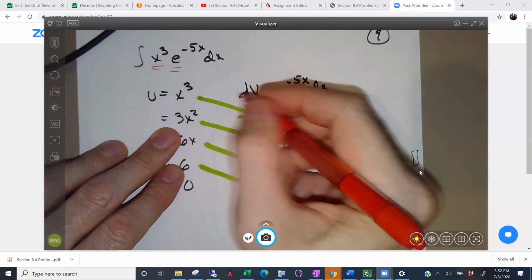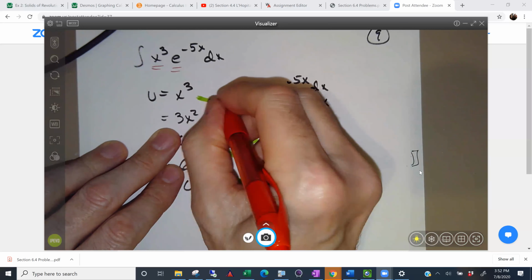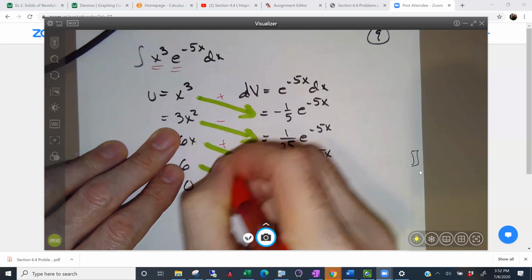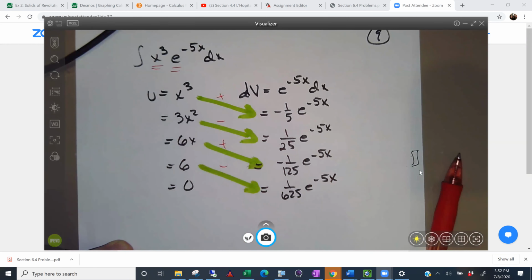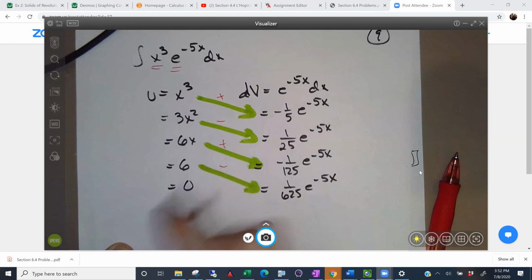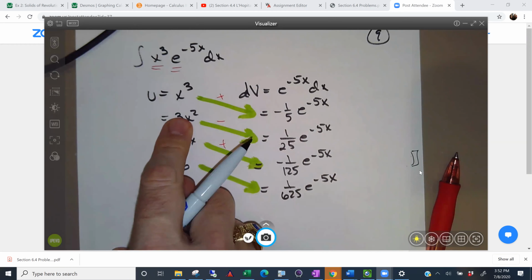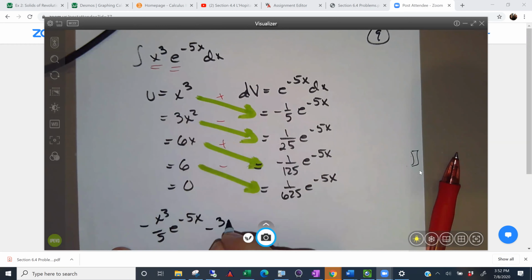So, where did my pattern start? Positive, positive, negative, positive, negative. And that's just a product going down. So x cubed times this is going to be negative x cubed over 5 e to the negative 5x. Positive times a negative is going to be negative, so it's going to be negative 3x squared over 25 e to the negative 5x.